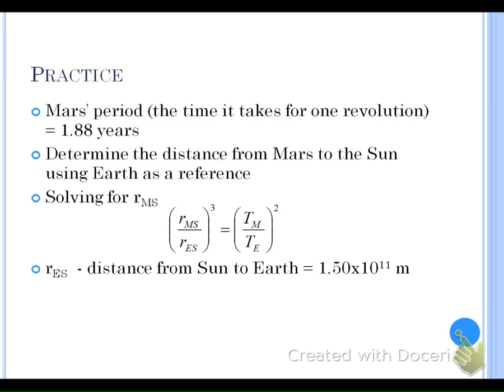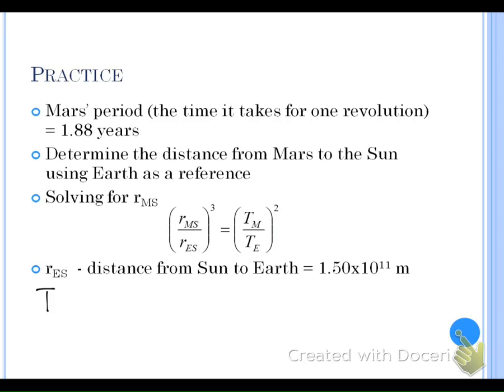I've given you a value here of the distance from Earth to the sun. That will be our R sub es. And then what would be the period of the Earth? Yeah, 1 year. Good.